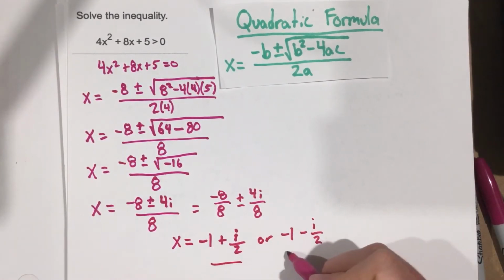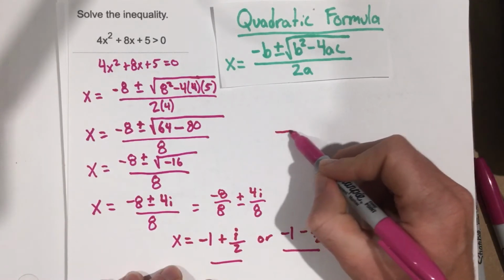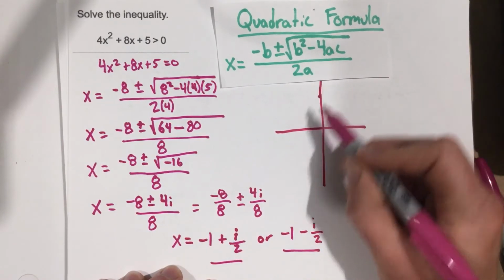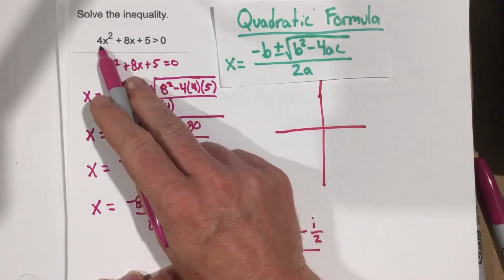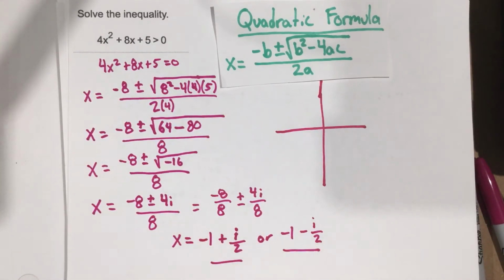So these are the roots that I got for this problem, but both roots are complex. Now here's what I want you to understand. If we graph this function, it is an upward facing parabola, and it's got two complex roots.